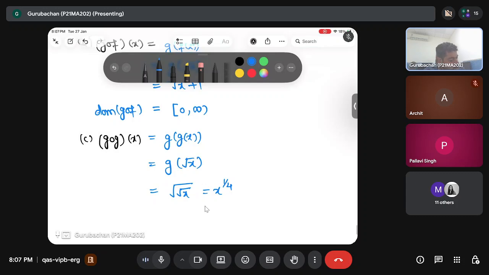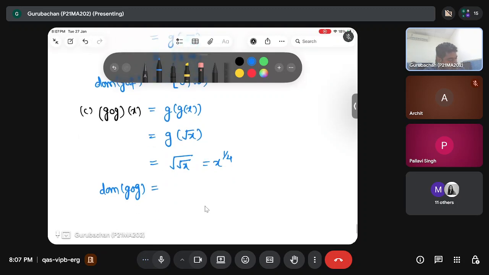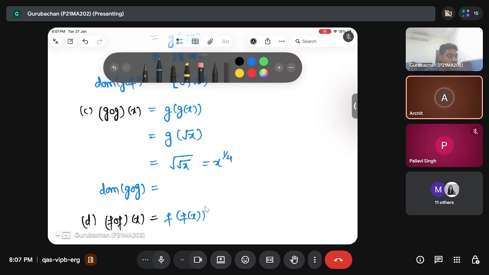What will be the domain of g of g? I don't think it is that hard. Zero to infinity, zero closed.